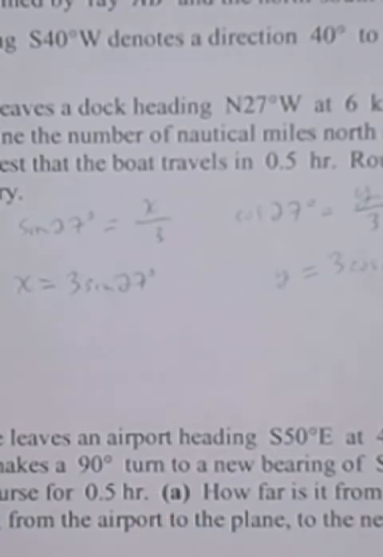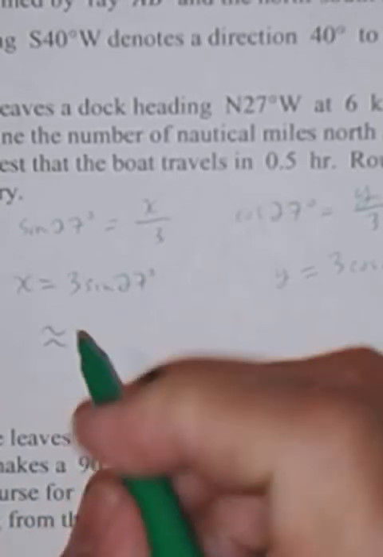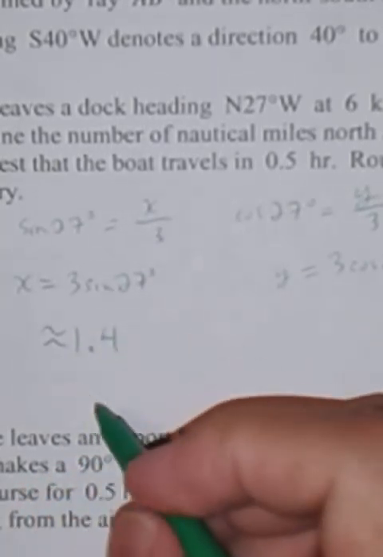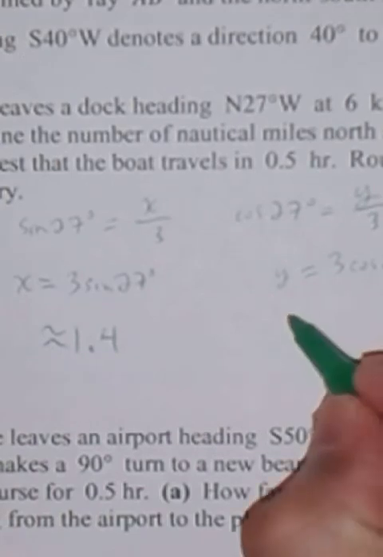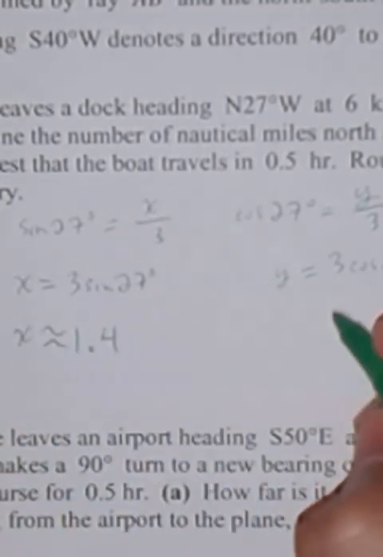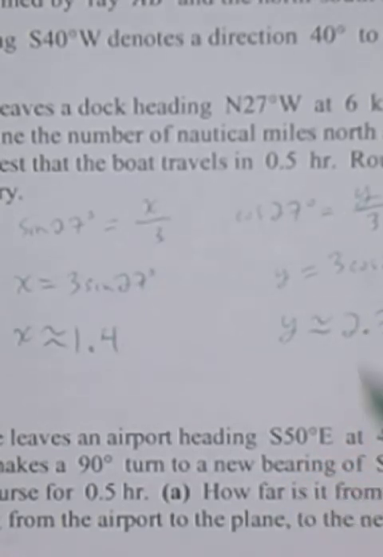So 27 sine times 3, and I get 1.36 approximately. It says round to the nearest tenth, 1.4 nautical miles. And the other one, 27 cosine times 3, and I get 2.7. So x is approximately 1.4, and y is approximately 2.7 nautical miles.